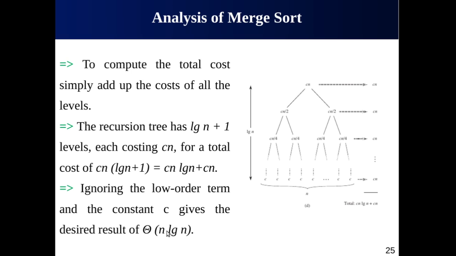And as we know, n log n algorithms are very efficient because the logarithm function grows very slowly. That is why we can say that the merge sort algorithm is a better, efficient algorithm as compared to the previous algorithm. So this was a simple method using the tree method. There are other methods as well, but we followed the tree method in order to analyze the merge sort algorithm.